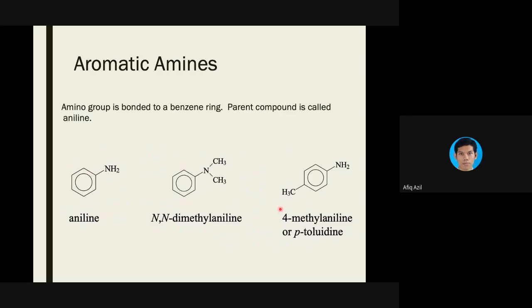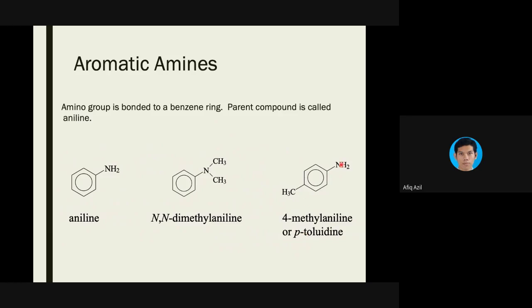N,N-dimethyl aniline. And this one is just normal aniline, but it also has another methyl group at carbon number 4, because this will be regarded as carbon number 1, carbon number 2, carbon number 3, and carbon number 4. So 4-methyl aniline, or it can also be called para-toluidine.